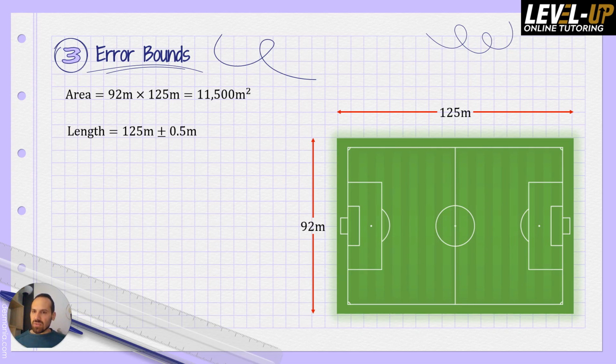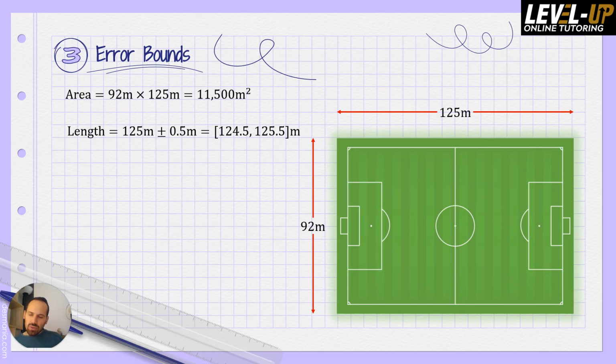So let's look at the lengths first. If this length, the 125 meters, has been rounded to the nearest meter, that means the true length is 125 plus or minus half a meter. Another way to put it is as an interval where any value between 124.5 and 125.5 is possible, because any value within that range would round to 125.